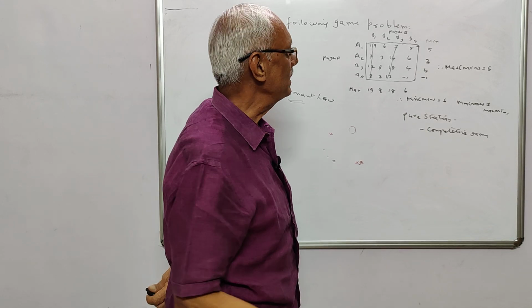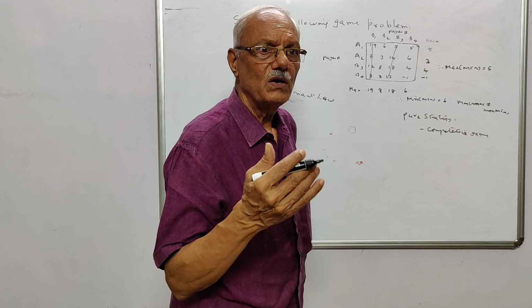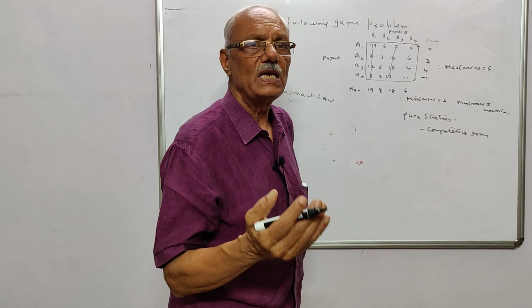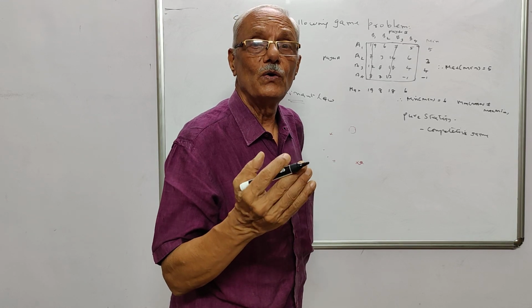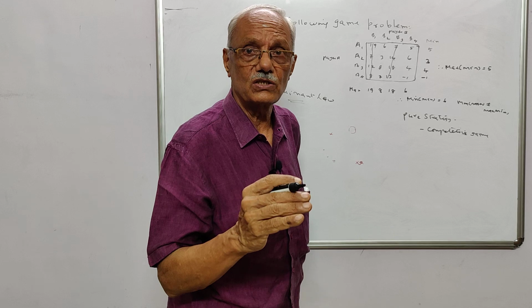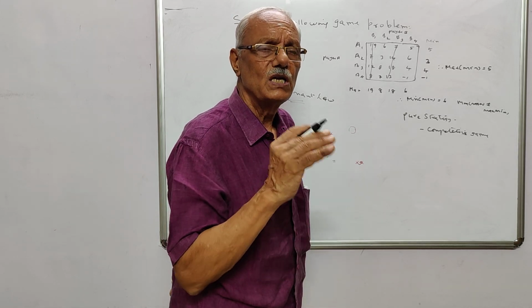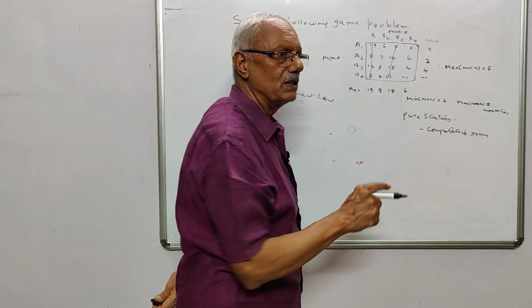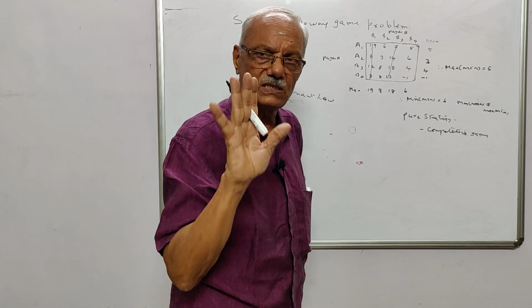Now, as per B, B1 and B3 are weak strategies in the sense that if they are used, he will have to face a heavy loss. That is, his loss will be very huge. So he will not choose these two strategies. So the probability of using B1 and B3 is 0.